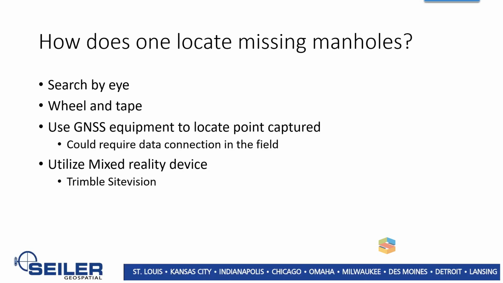Or we can now start to utilize these mixed reality devices to pull that GPS data, that GIS data, into the field, pair it with a cell phone, and use high accuracy to actually find the locations of these manholes. Now, one of these mixed reality devices that you can actually use is Trimble SiteVision. I'm going to stop sharing here, and Mark's going to share and talk a little bit more about SiteVision itself.